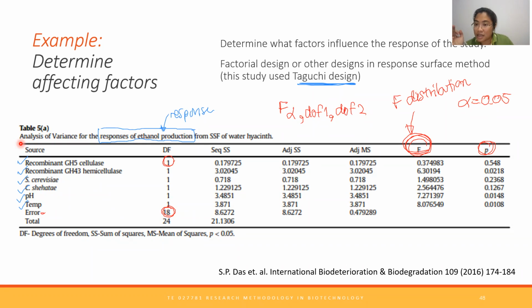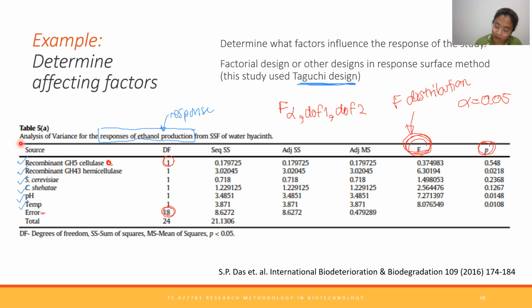In this case, the H node being that using a different amount of cellulase, for example, will not make a difference in ethanol production. That is the H node, okay? And the alternative hypothesis is something else.